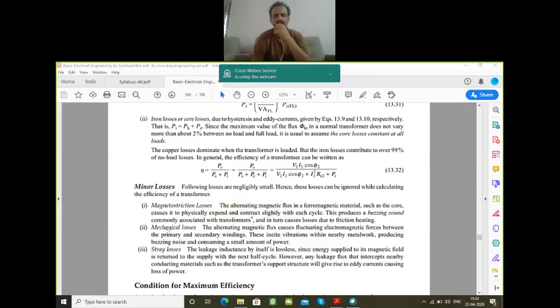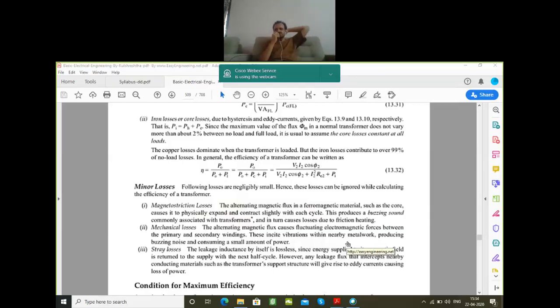Then mechanical losses. Mechanical losses occur in the windings, that is the wires. Primary and secondary windings are present. The magnetic flux causes electromagnetic force to fluctuate, leading to vibrations. Magnetostriction loss is in the core, mechanical losses are in the windings.